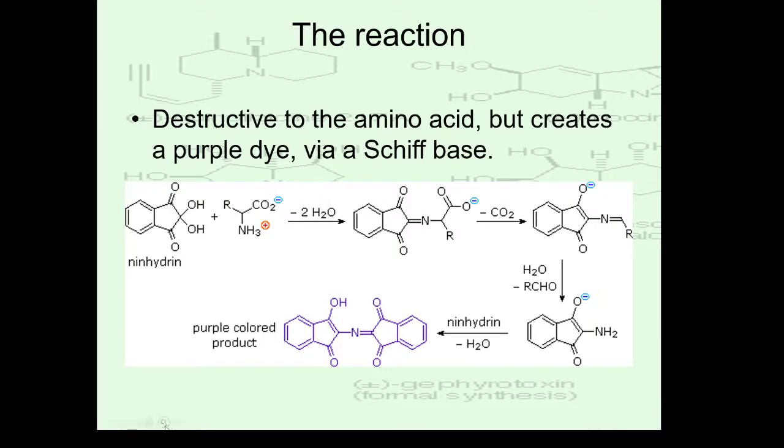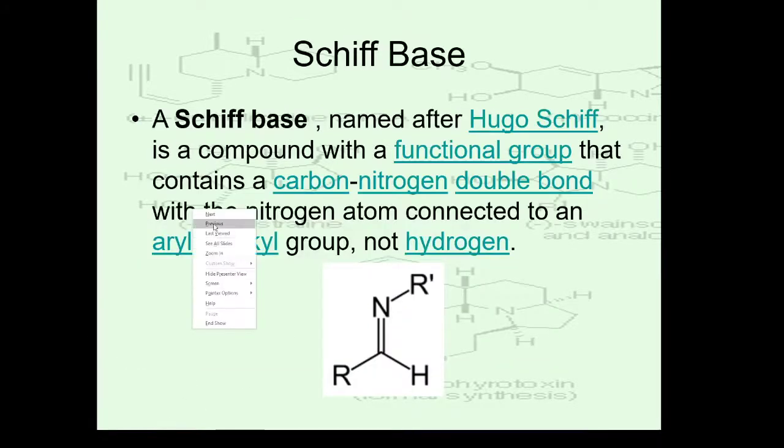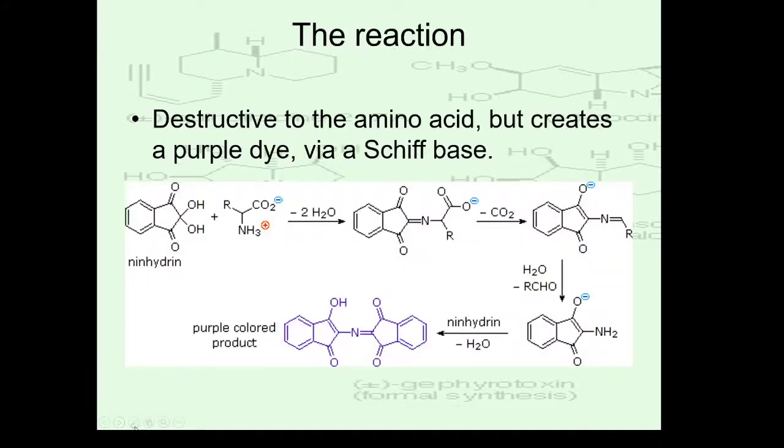Let me get my pen. That right there, that linkage: a C that's bonded to R groups. So this C right here, that carbon right there, double bonded to an N that's bonded to another carbon right there. This is known as a Schiff base.